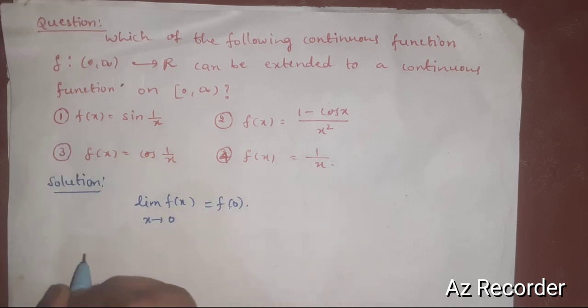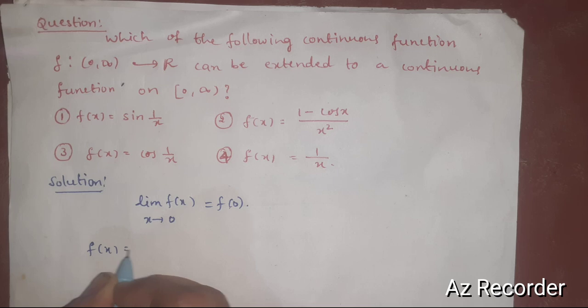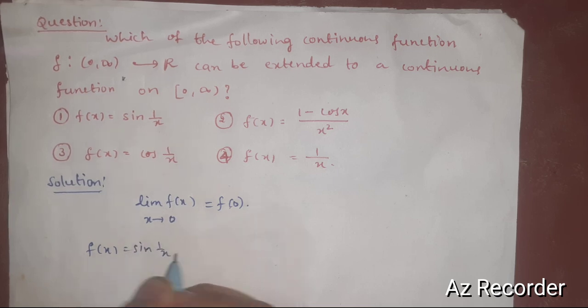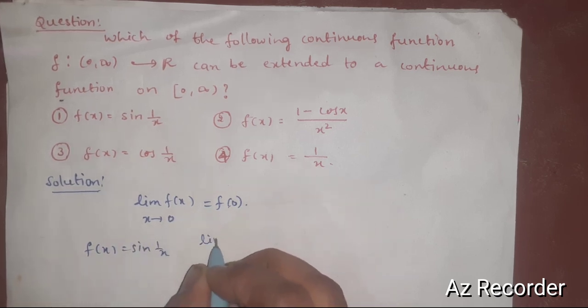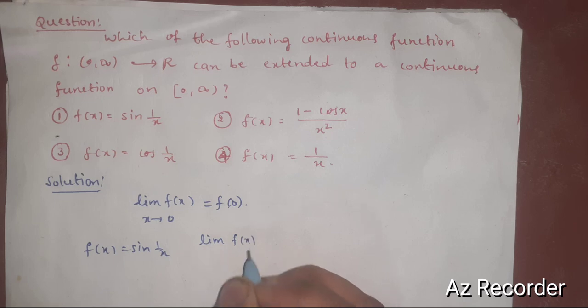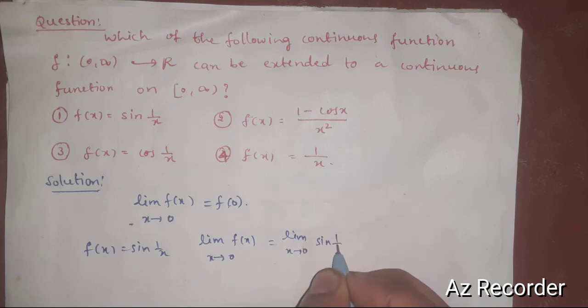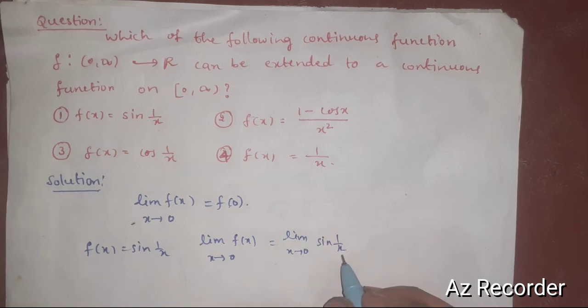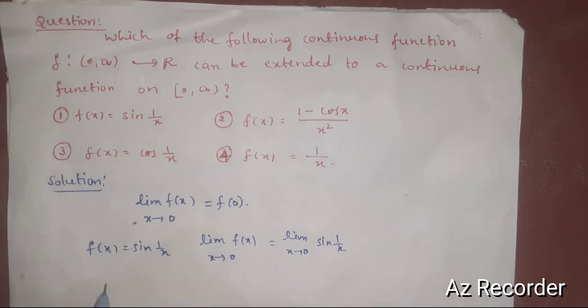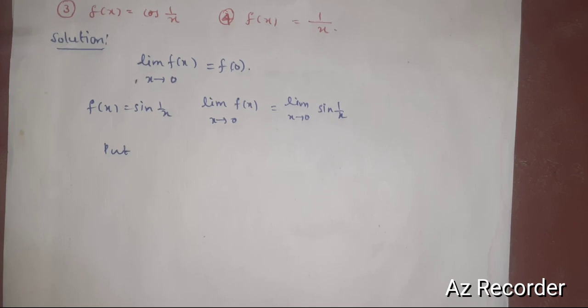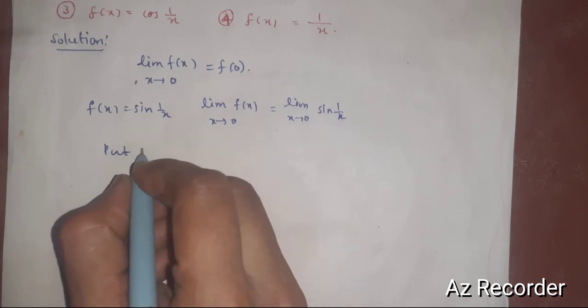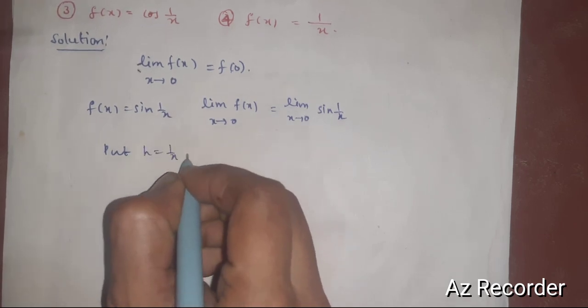So the first function, f of x equal to sine 1 by x. Now the limit of f of x as x tends to 0, that is, the limit as x tends to 0 of sine 1 by x. What about this? For this let us check. Put h equal to 1 by x.